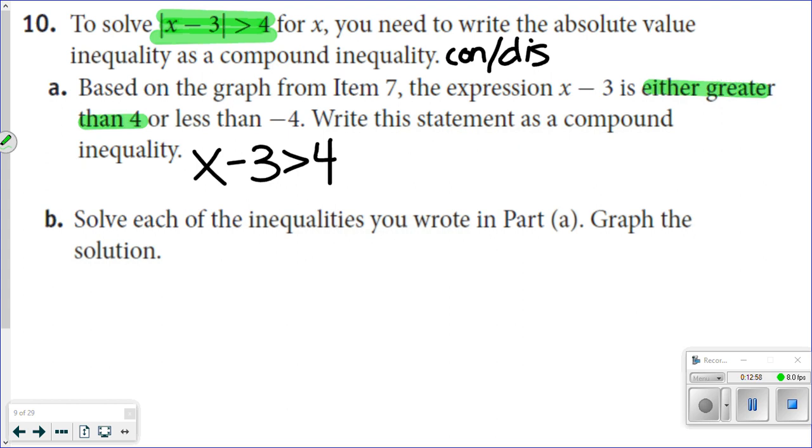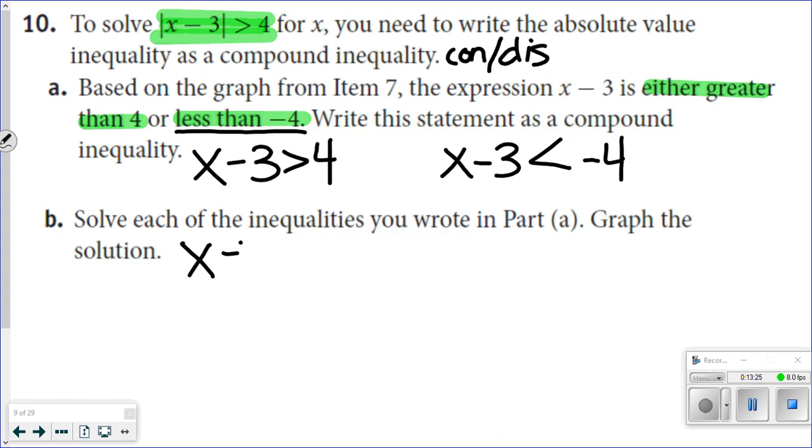Or less than -4. So remember, when we were solving inequalities, if we were dividing or multiplying by a negative, we had to flip or switch our inequality sign. So if I'm making this a -4, I need to switch my sign to a less than. All right, solve both of these under question B.